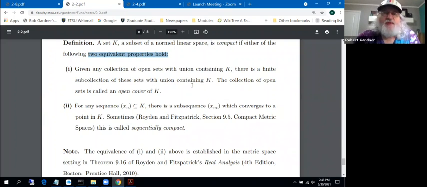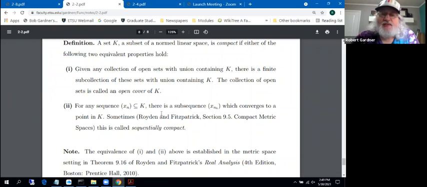Every open cover of set K has a finite subcover. And we also claimed, and I don't think Promislow establishes this, that this is equivalent to any sequence x sub n from set K has a subsequence x sub n sub k, which converges to a point in K. The second property is called sequentially compact.